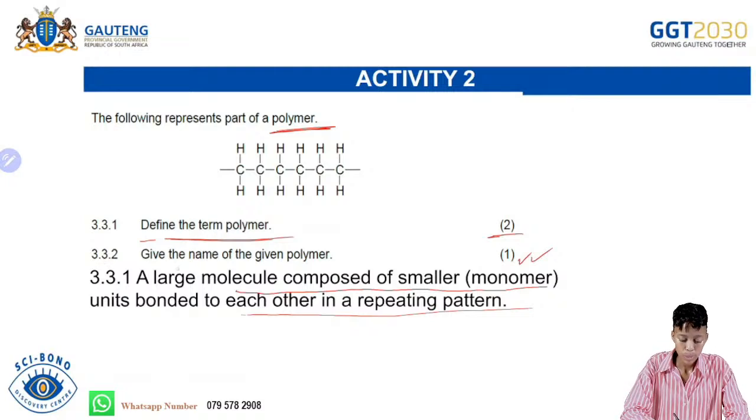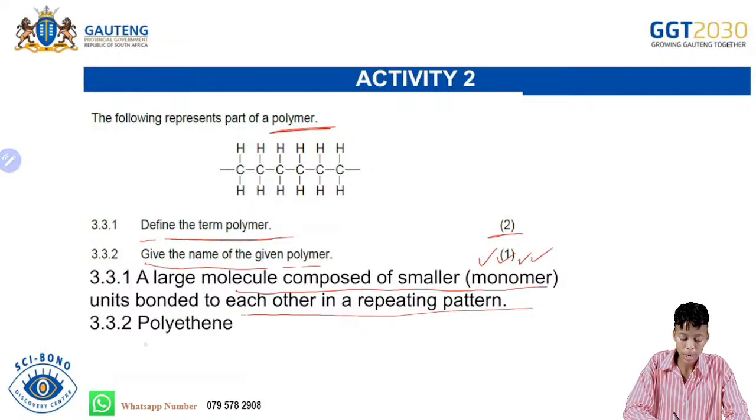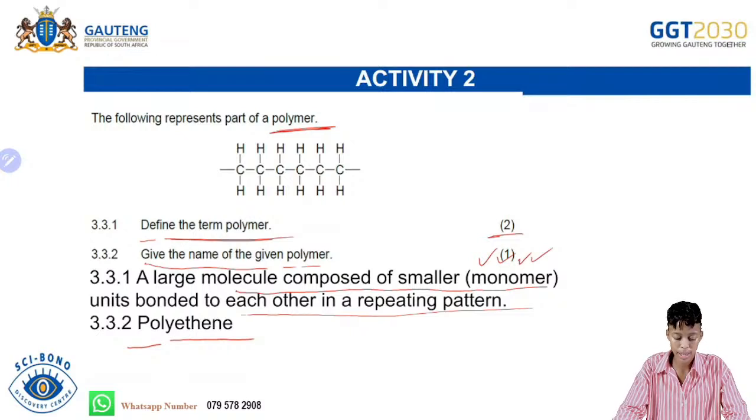Then 3.3.2 it says give the name of the polymer. So remember we said polymers, they come from where? They come from monomers. So in this case, the name of the polymer would therefore be called a polyethylene.